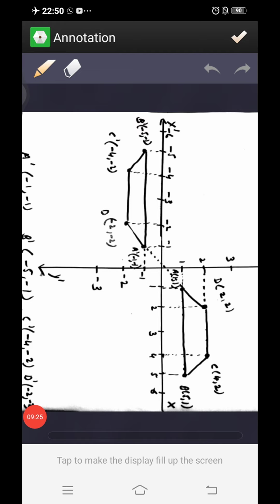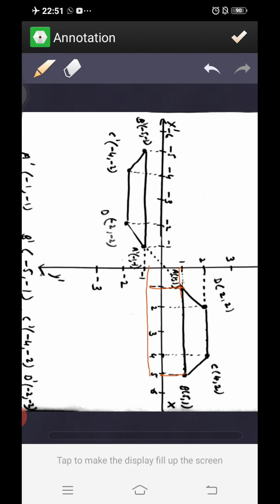Now first of all we will plot A, B, C, D. Coordinates of A are 1, 1. So we can see here, I have plotted 1, 1. This is the point A, 1, 1. B is 5, 1. So x-axis 5 and y-axis 1.